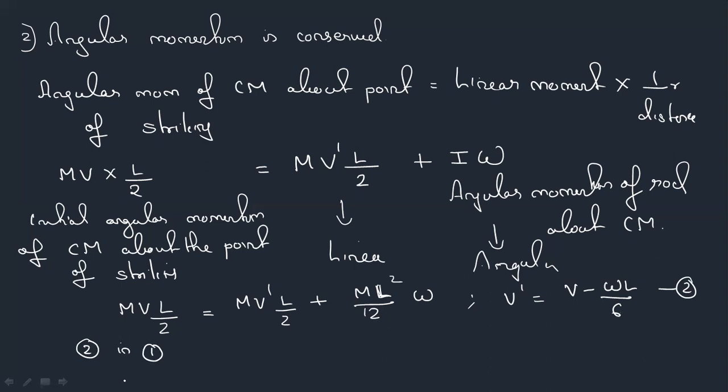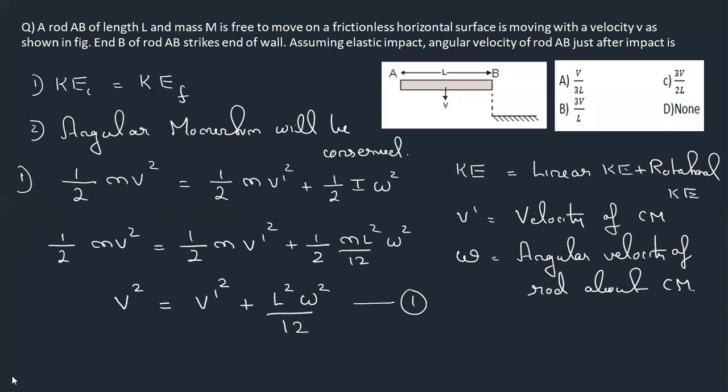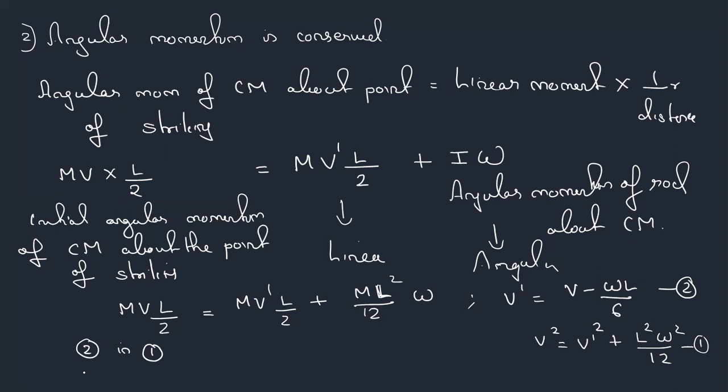The first equation is v square is equal to v dash square plus L square omega square divided by 12.